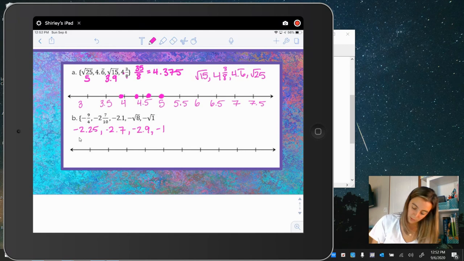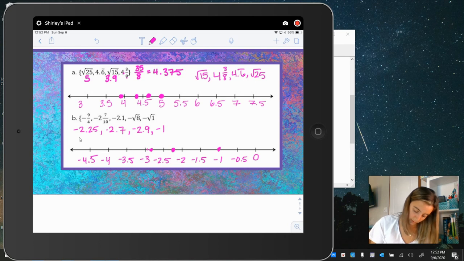Okay, let's go 0, negative 0.5, negative 1, negative 1.5, negative 2, negative 2.5, all the way down. So I'm going to plot negative 2 1/4, which will be here, negative 2.7, negative 2.9, and then negative 1.